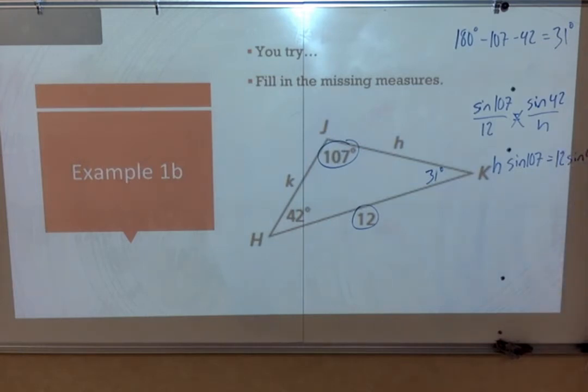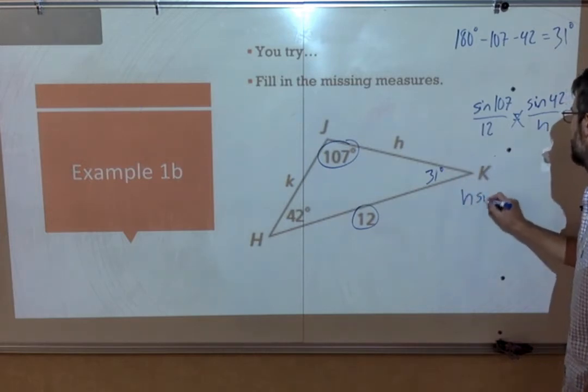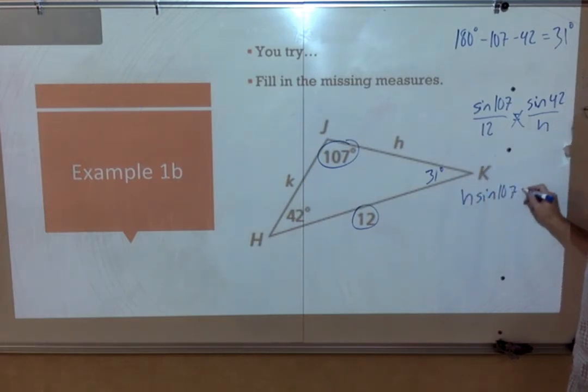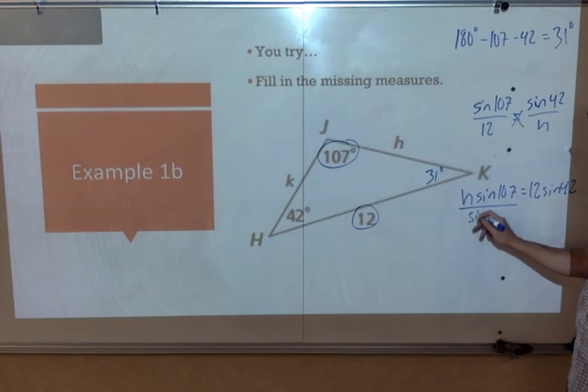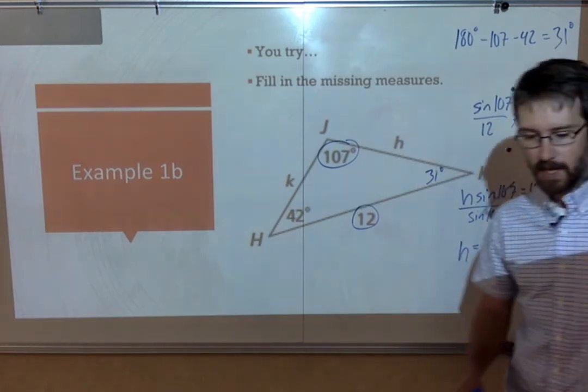Did I get it on there? Just barely. H sine 107, 12 sine 42. Like that. Divide both sides by sine of 107. Cancel that out. And we get H is equal to whatever all of that is.